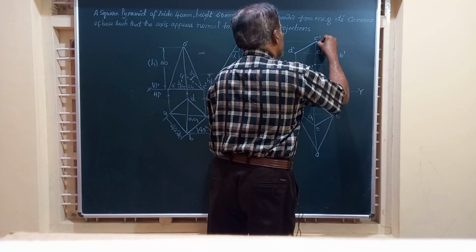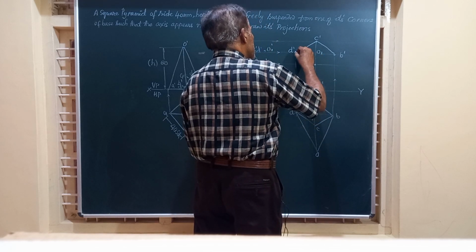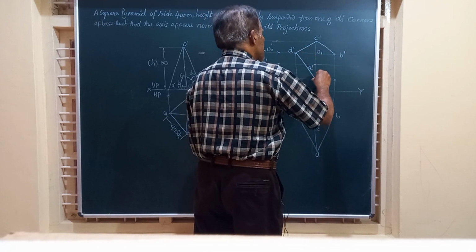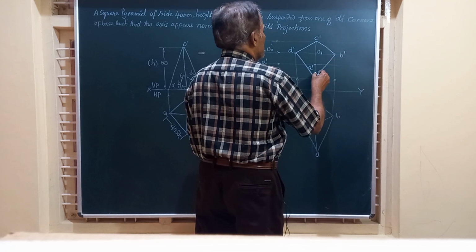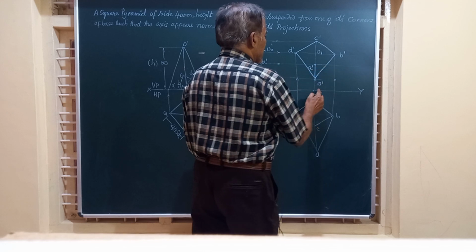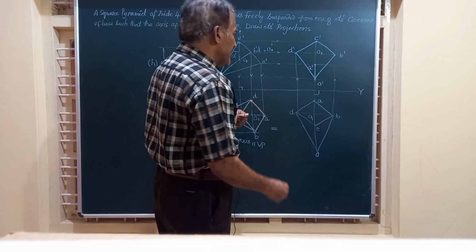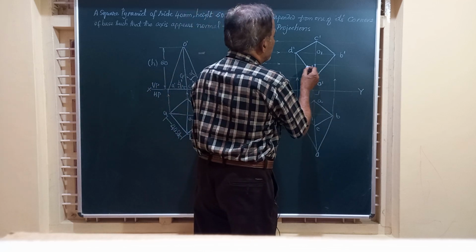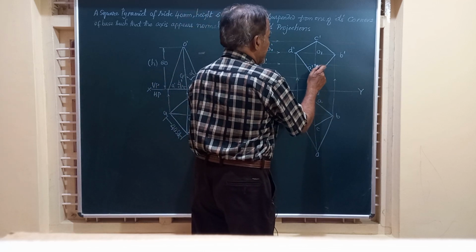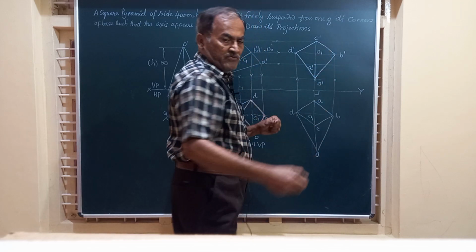This should be visible. This is visible. These two triangles are visible. This is visible. And here only this is not visible. The point A is not visible in the front view, and hence the lines joining that A or A dash with the D and this are not visible.